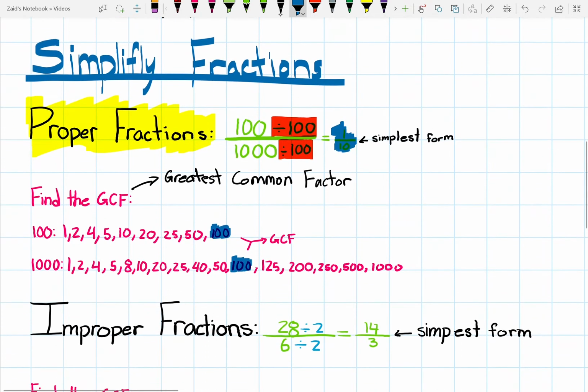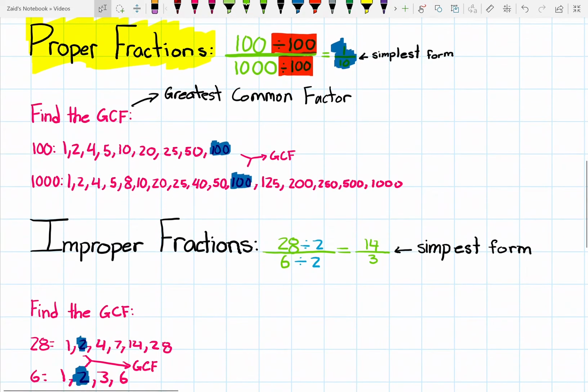Now, simplifying an improper fraction is basically the same thing. So first we have to find the greatest common factor of our example over here, which is 28 over 6. For 28 we have 1, 2, 4, 7, 14, and 28. For 6 we have 1, 2, 3, and 6.